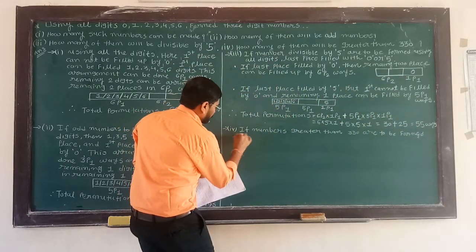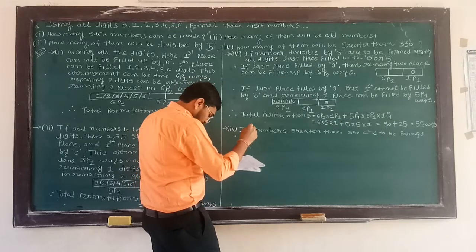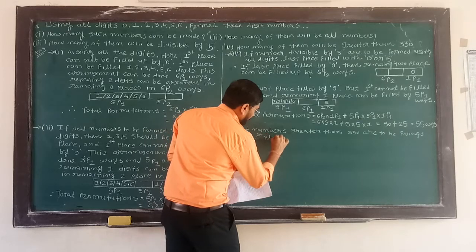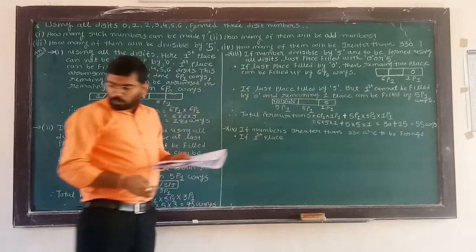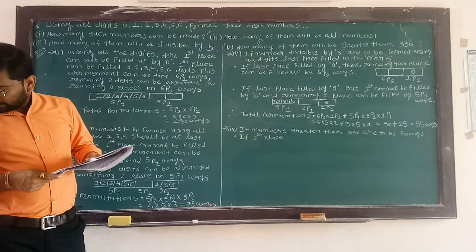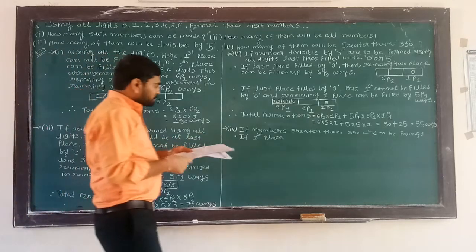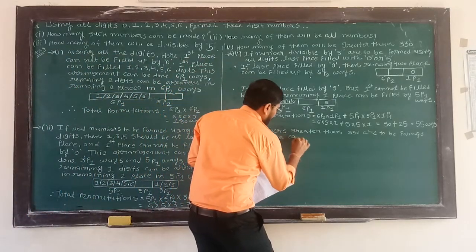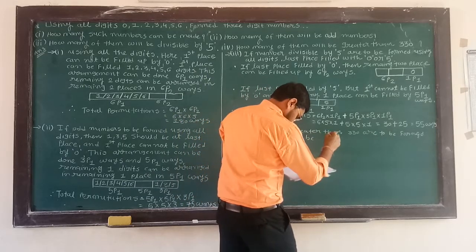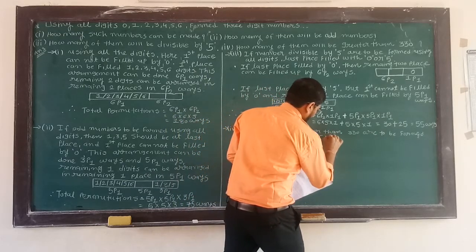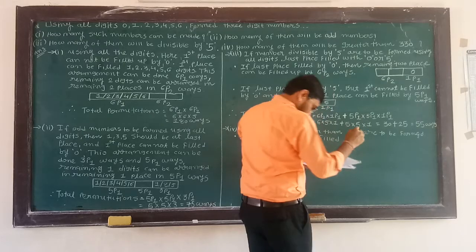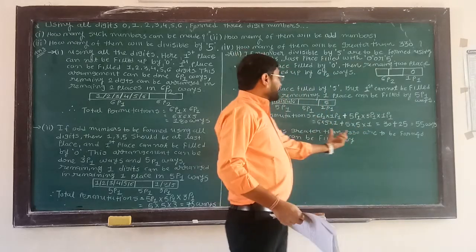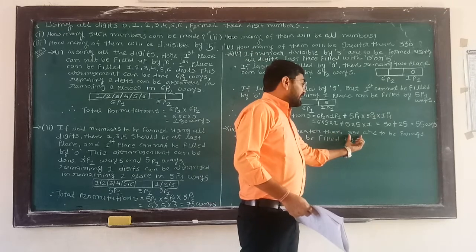Here option number first, if the first place can be filled by, see the students, here we find numbers greater than 330.